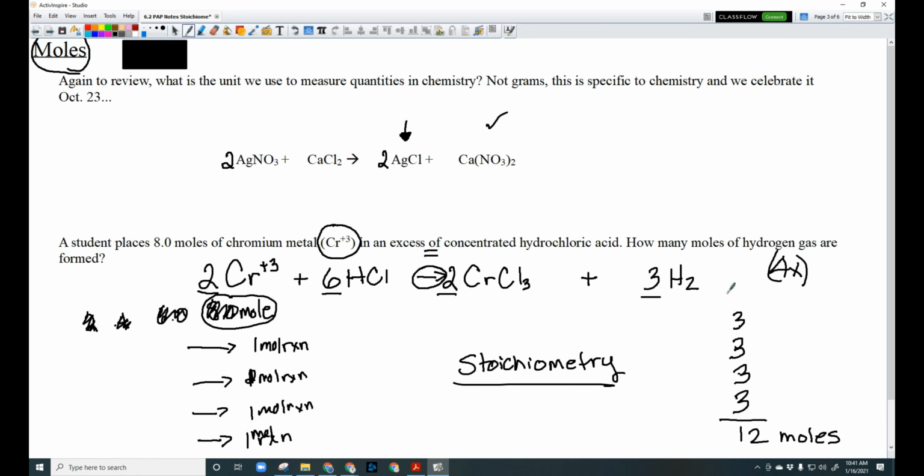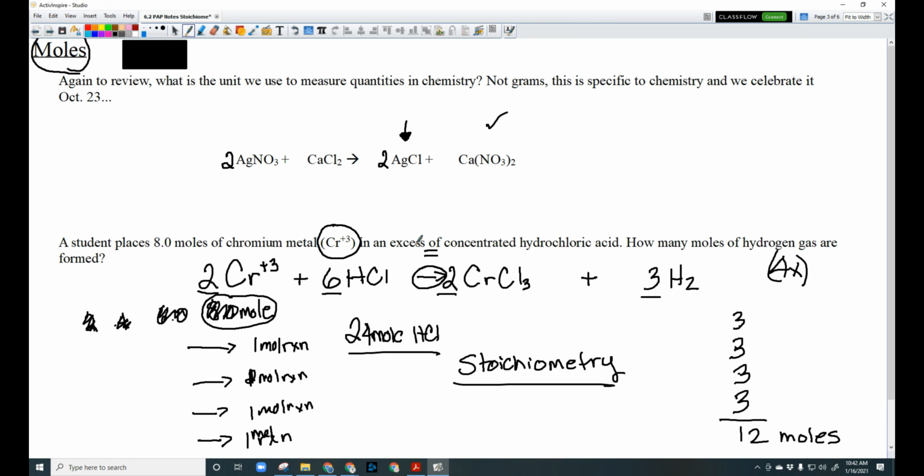If I had another question that said, if I have 8 moles of chromium, how many moles of hydrochloric acid are going to be used if this uses all of these 8 moles? Well, we know we can go through the reaction 4 times, so 4 times 6 is 24 moles of hydrochloric acid are needed.